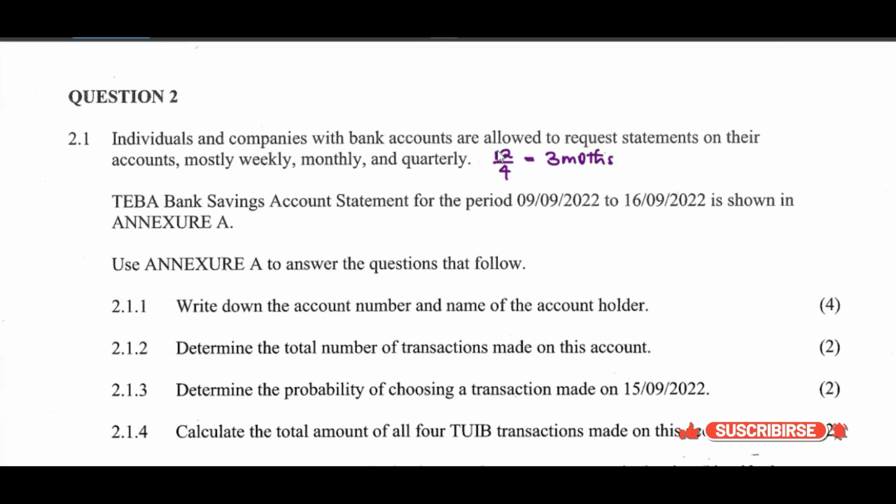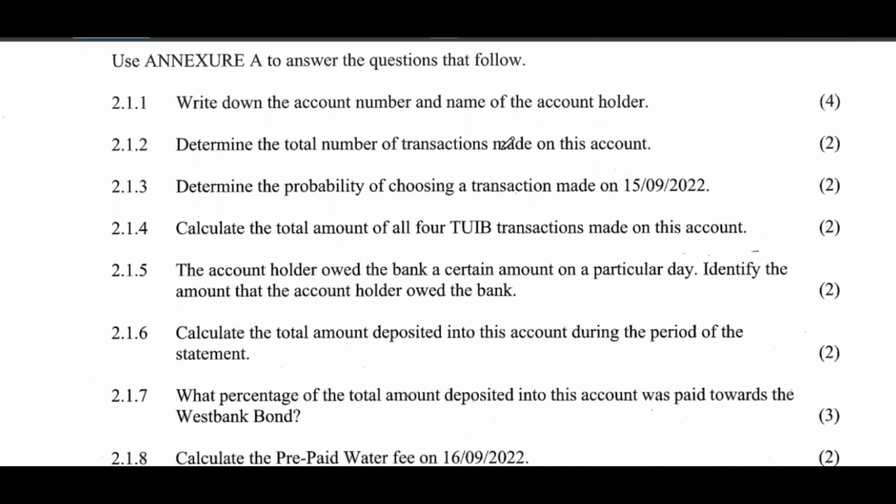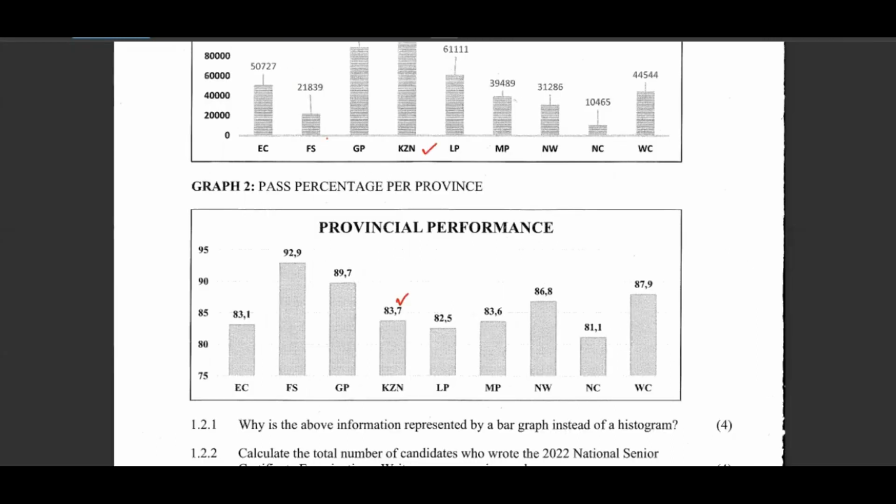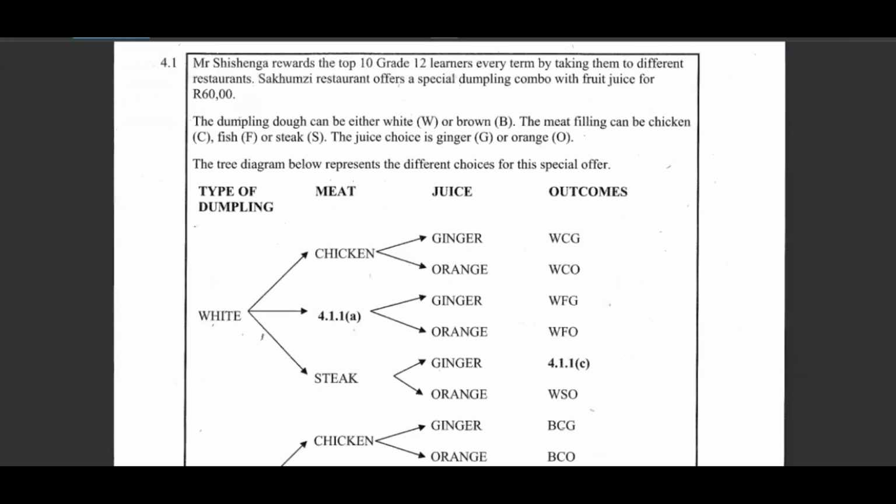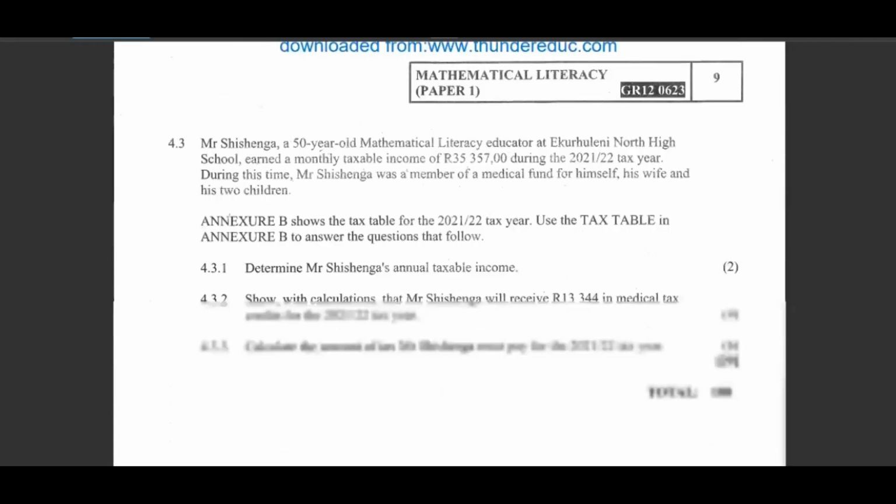Temba Bank savings account statements for the period of 9th September 2022 to 16th September 2022 are shown in Annexure A. We shall go there and see Annexure A. This is the addendum.